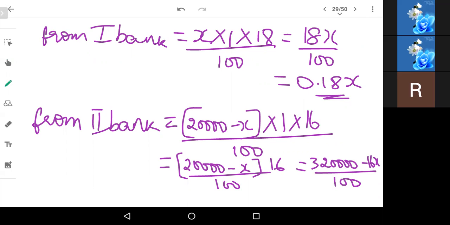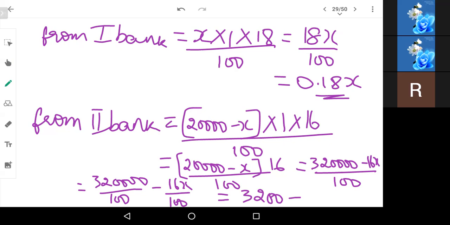Now 3,20,000 divided by 100 will give you 3,200, minus 16x divided by 100 will give you 0.16x.